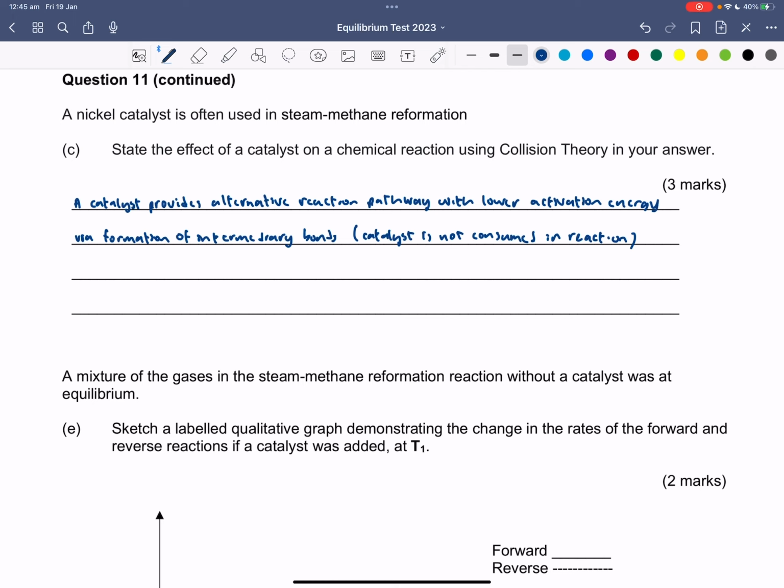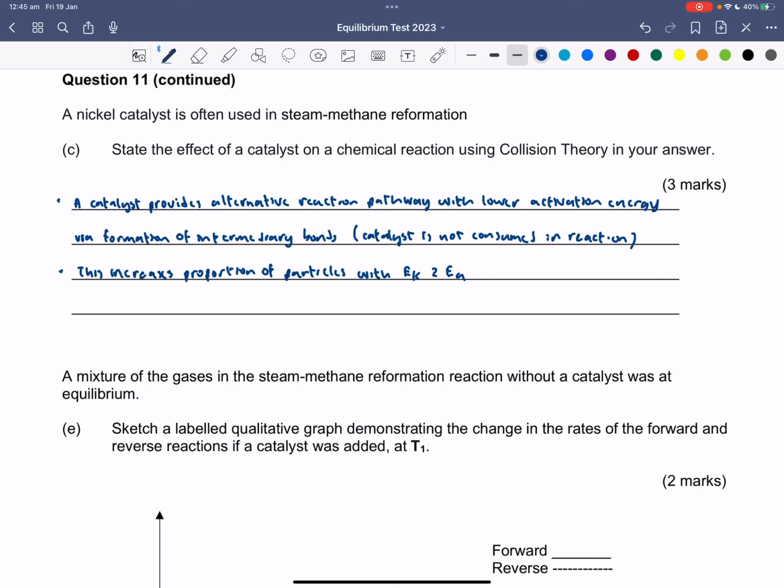Alright, so it provides an alternative reaction pathway. You can explain that this increases the proportion of particles with a kinetic energy, and you probably want to write the full thing, not just EK, greater than or equal to the activation energy.